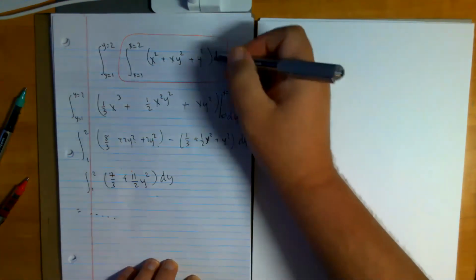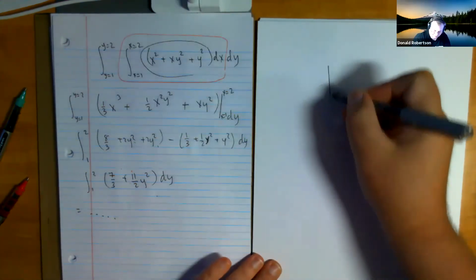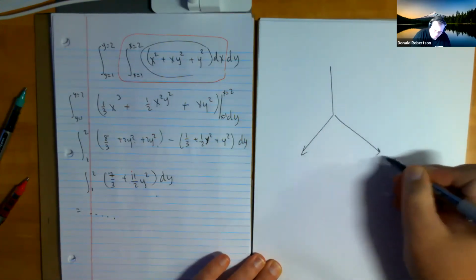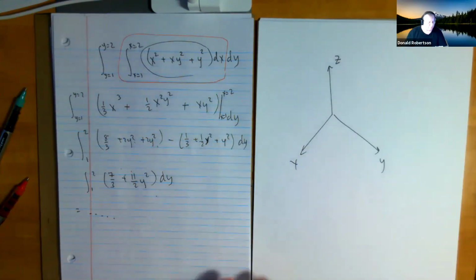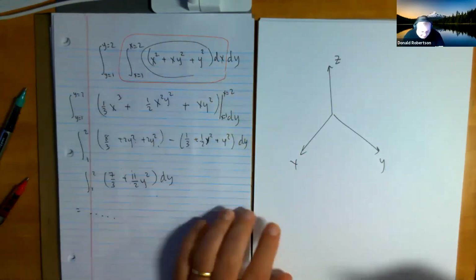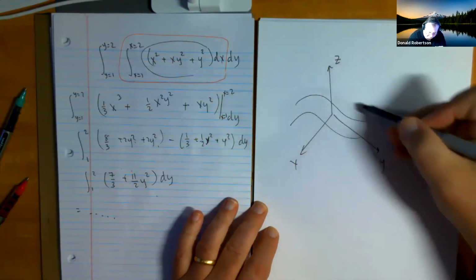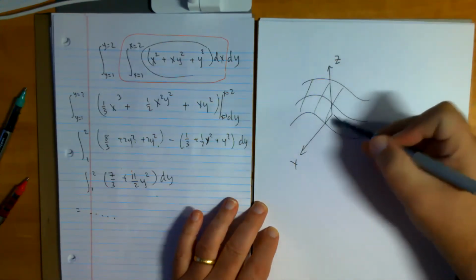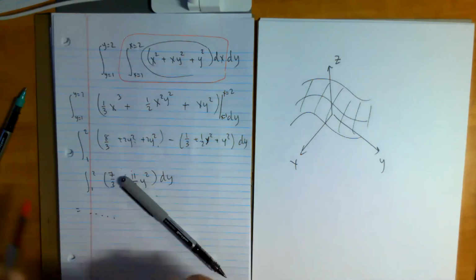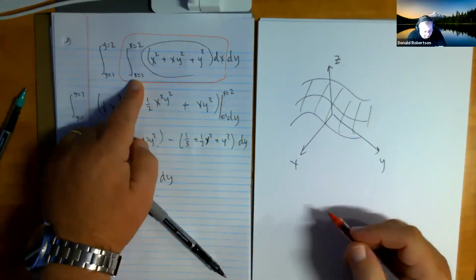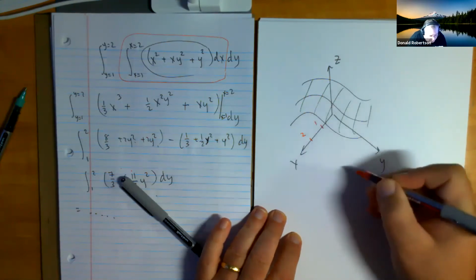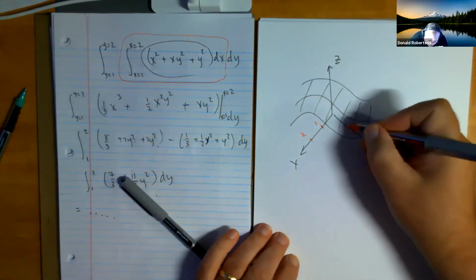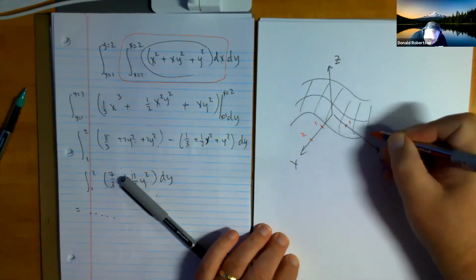What you've got is this surface here. So imagine we had, one day I'm going to have a hologram and I can do stuff that I'll never be able to do. But can you imagine this surface being over here, right? Yes. On the floor, you've got a rectangle from x equals 1 to x equals 2, and you've got another, and it goes from y equals 1 to y equals 2.